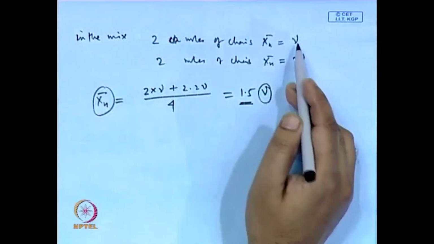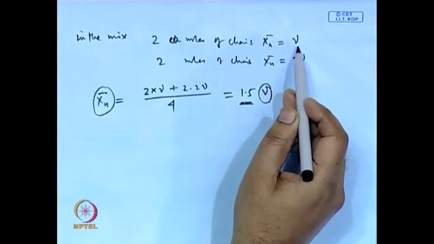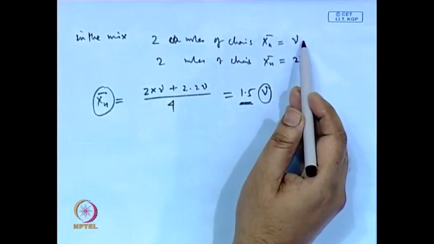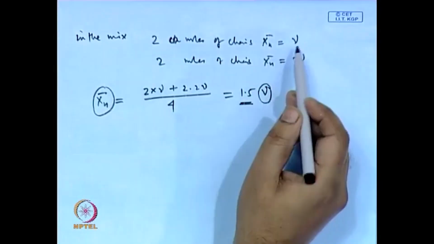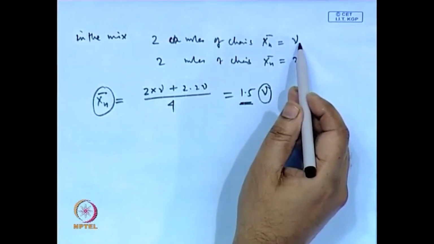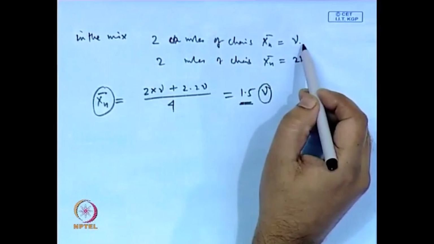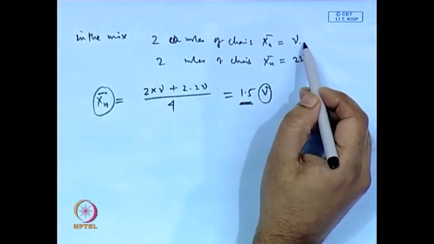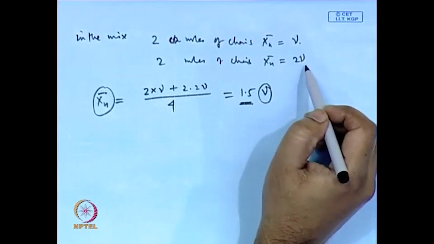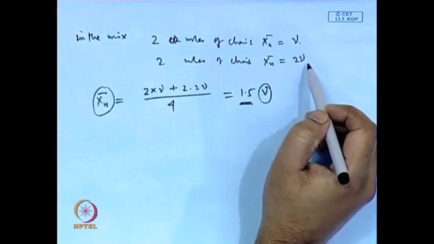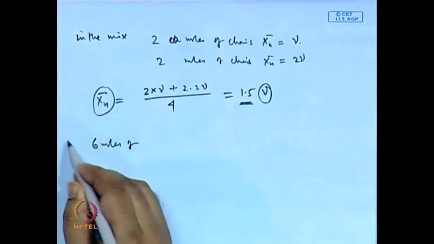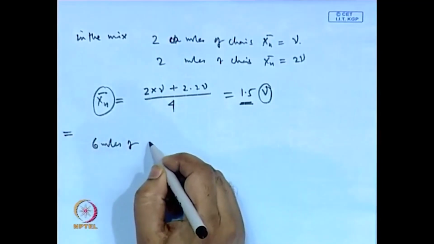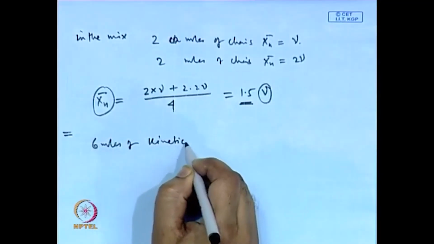So, in this case, for these 2 moles of chain which underwent disproportionation reaction, each one has 1 initiator residue, and this has 2 initiator residues. You have 6 moles of kinetic chains.